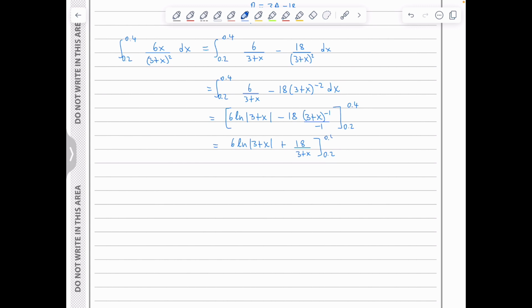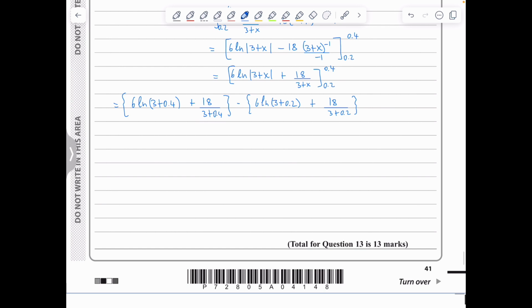So if I proceed in substituting the upper limit, I will be getting 6 ln of 3 plus 0.4 plus 18 over 3 plus 0.4. And if I substitute the lower limit, it's going to be 6 ln of 3 plus 0.2 plus 18 over 3 plus 0.2. So again, we've got a similar expression we obtained before. So we can proceed.